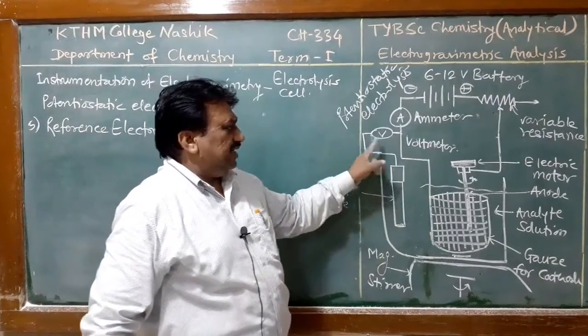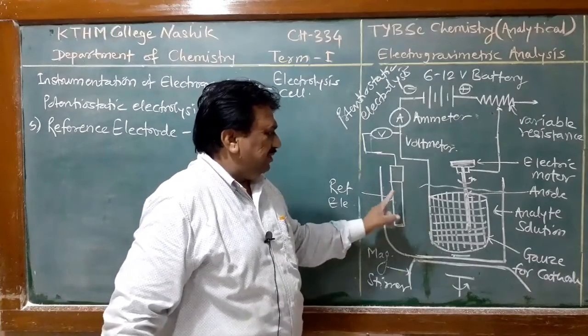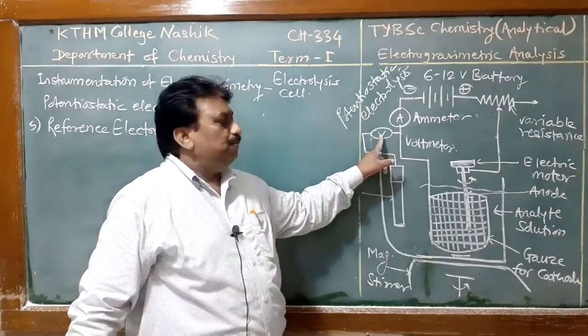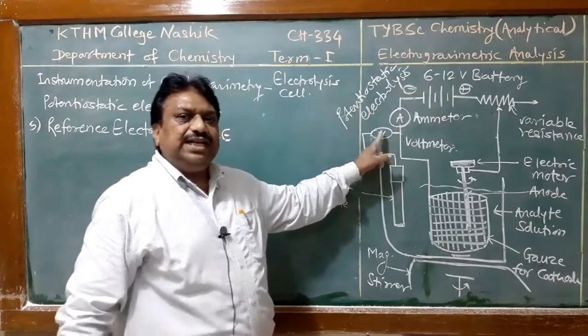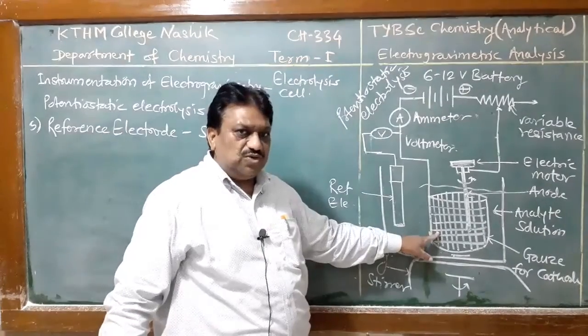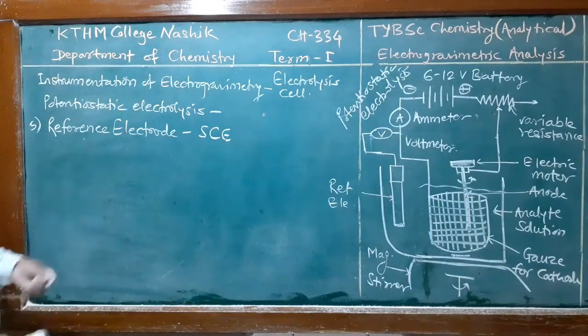The reference electrode is connected to the cathode through a voltmeter. The potential difference between the cathode and the reference electrode is monitored by the voltmeter, and we can keep this potential difference constant throughout the electrolysis process, and then we can say it is a potentiostatic electrolysis.